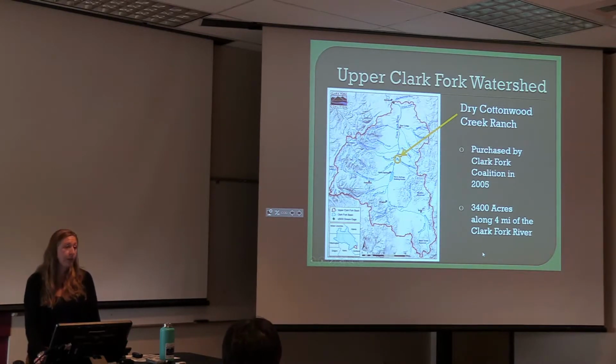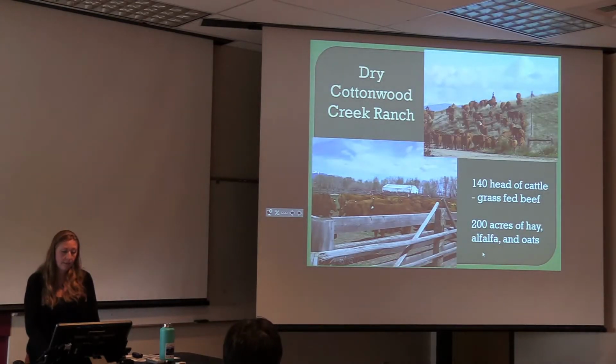We own 3,400 acres along 4 miles of stream, and it is right smack dab in the middle of the giant cleanup project. We have 140 head of cattle on the ranch, and we sell that as grass-fed beef.